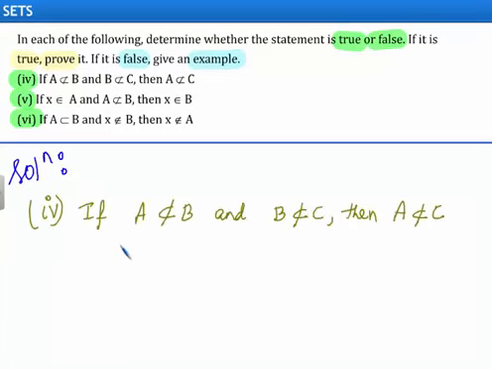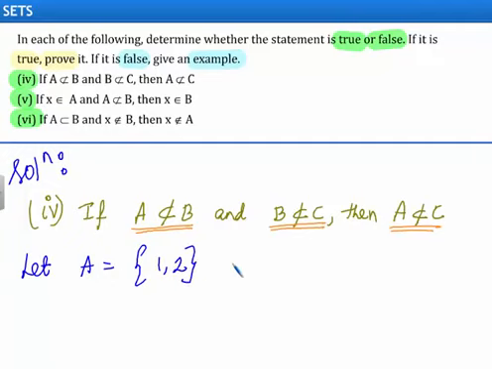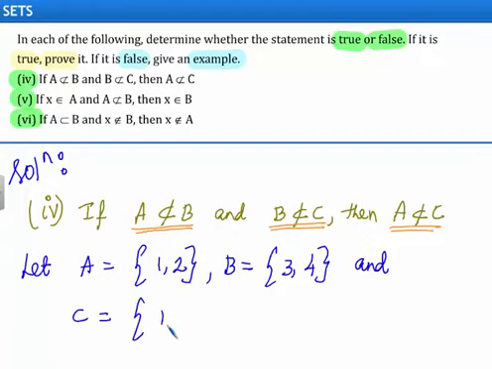The first statement is, if A is not a subset of B and B is not a subset of C, then A is not a subset of C. Let us assume that set A is equal to {1, 2}, set B is equal to {3, 4}, and set C is equal to {1, 2, 5}.